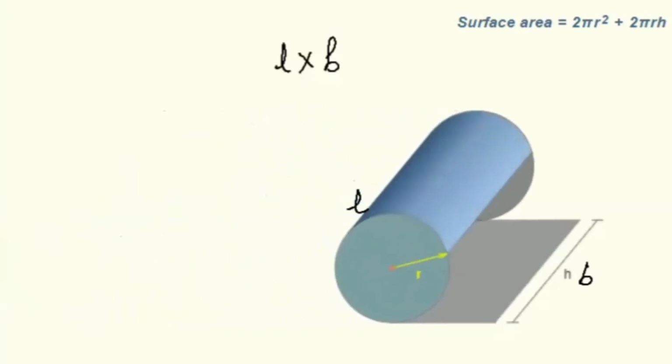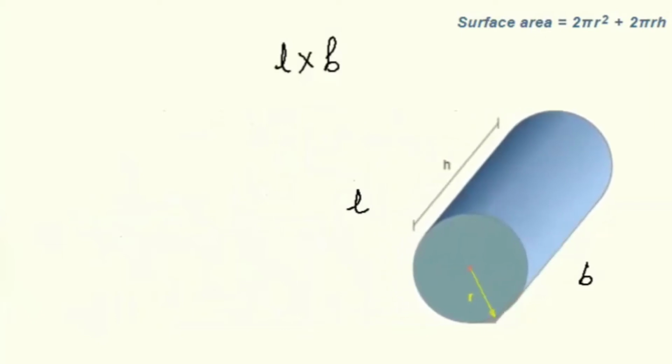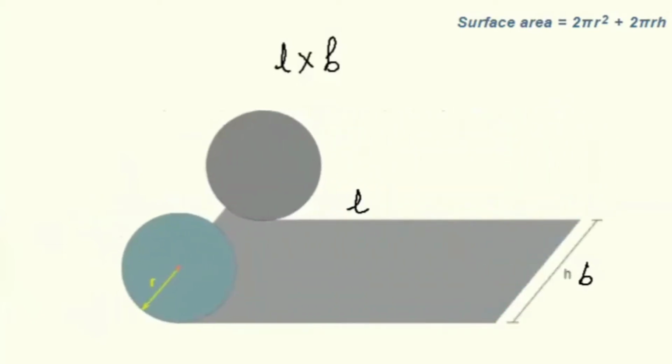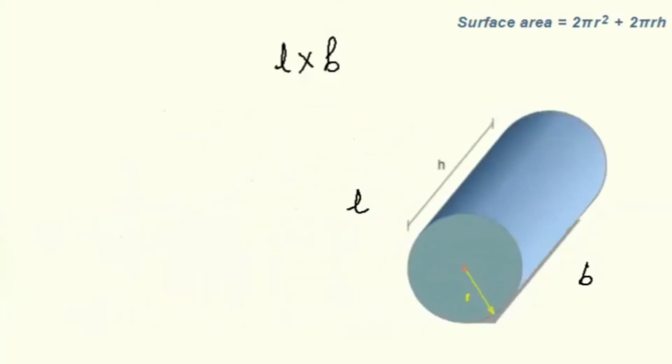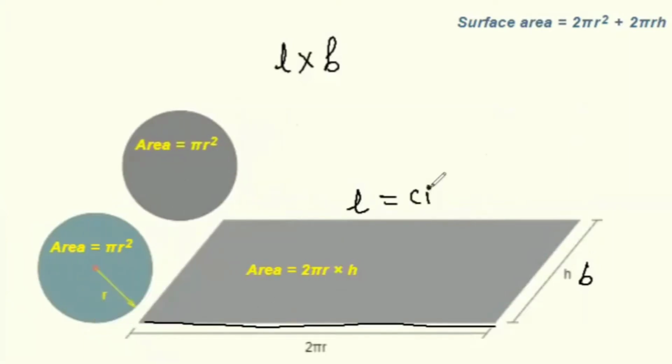It will become the distance around the circle, है ना? जो आपका लेंथ है वो देखो सर्कुलर शेप ले रहा है. It means that length will become the circumference of the circle.